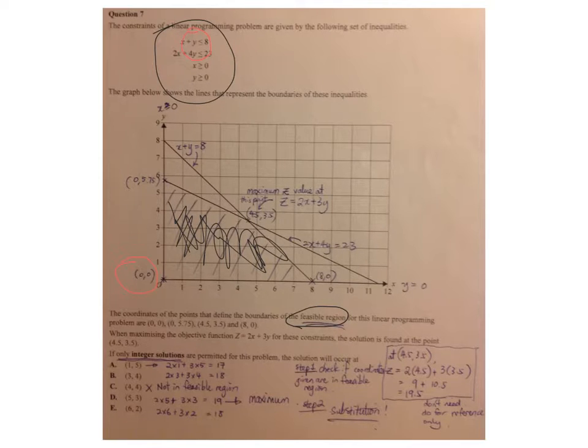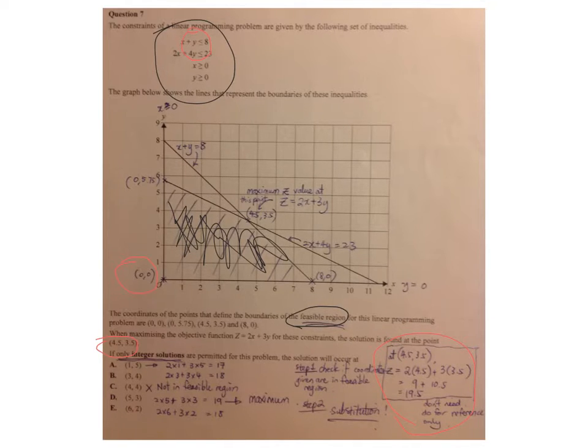Now, then, the question asks, if only integer solutions are permitted for this problem, the solution will occur at which point? Okay, so when it's a non-integer solution, it's (4.5, 3.5). You can see on the right hand corner here, I've done a quick calculation to work out what the maximum z equals at this particular coordinate.